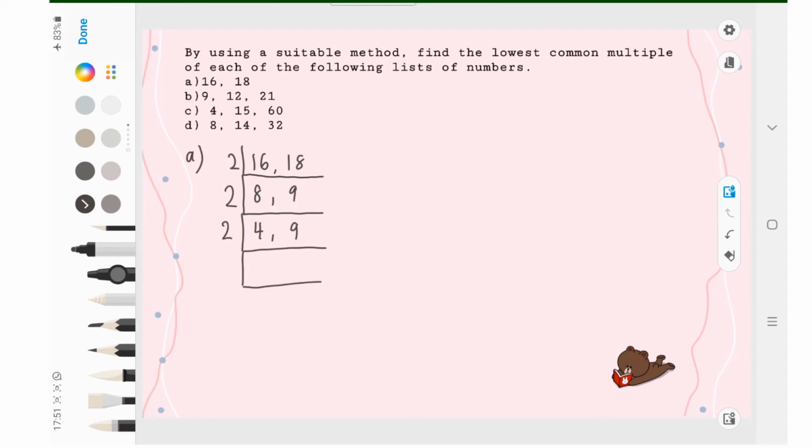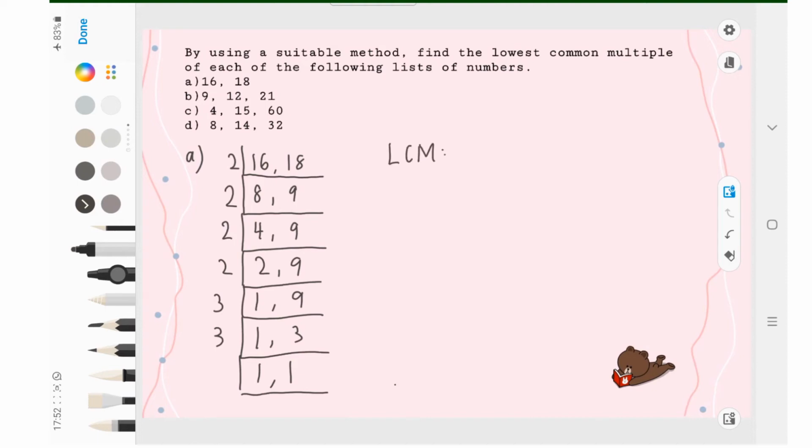Divide by 2 again equals 2 and 9. Then divide by 2, it becomes 1 and 9. 9 divided by 3 becomes 1 and 3. 3 divided by 3 equals 1 and 1. So the LCM for these two numbers is 2 times 2 times 2 times 2 times 3 times 3 equals 144.